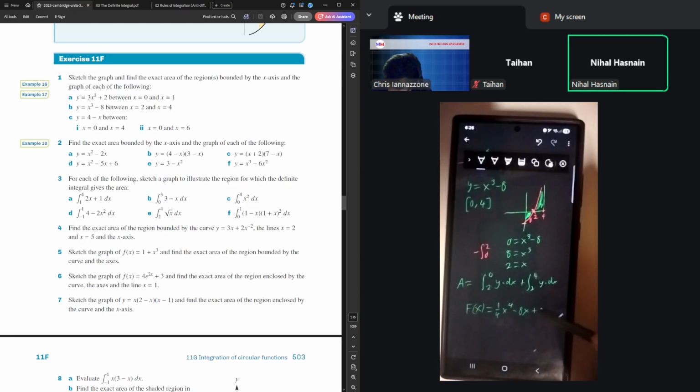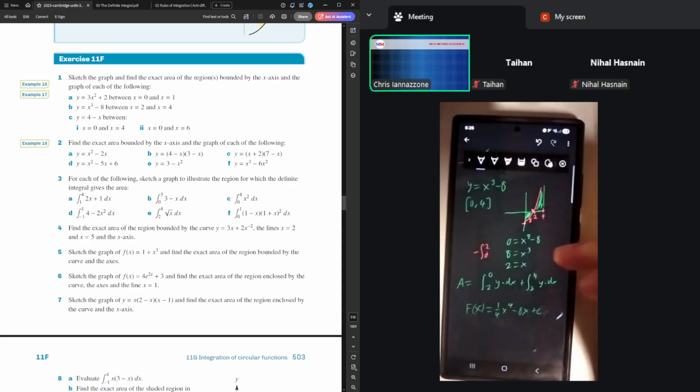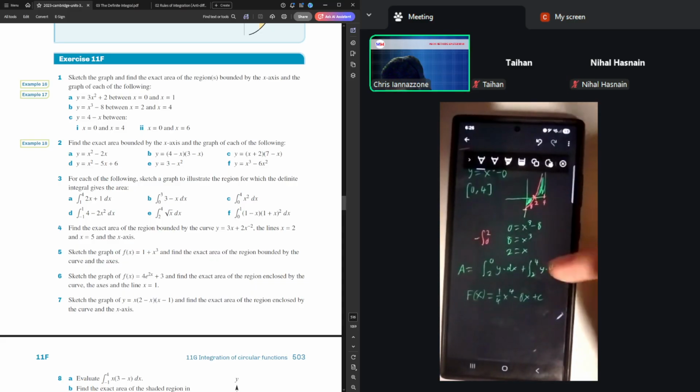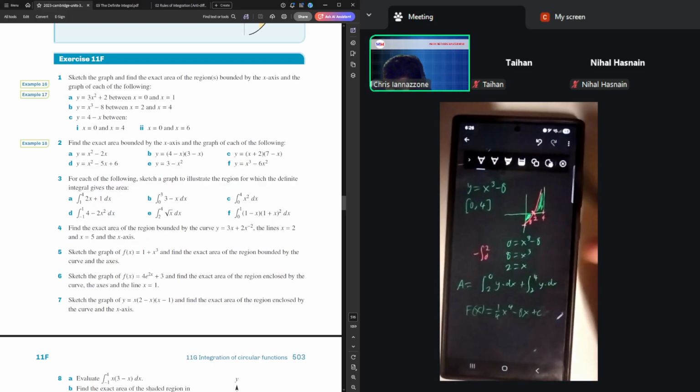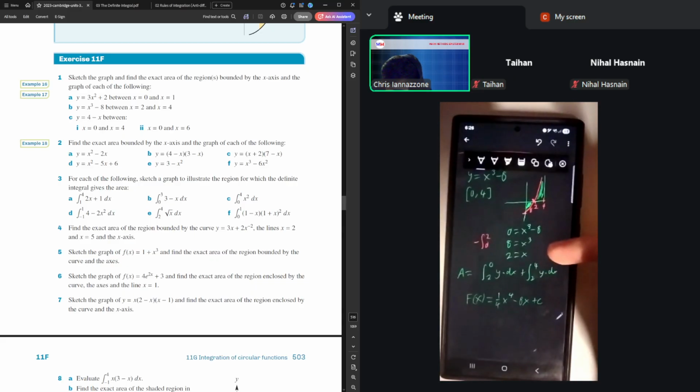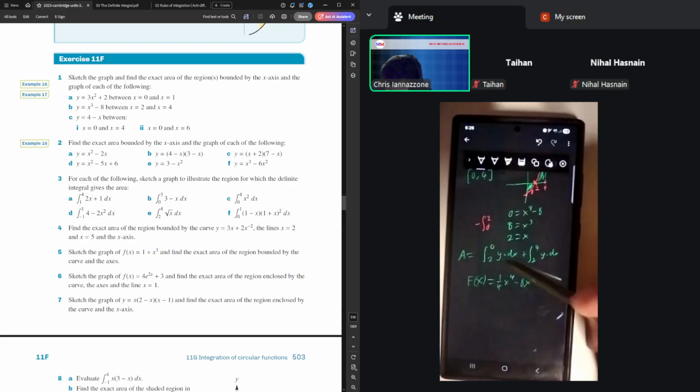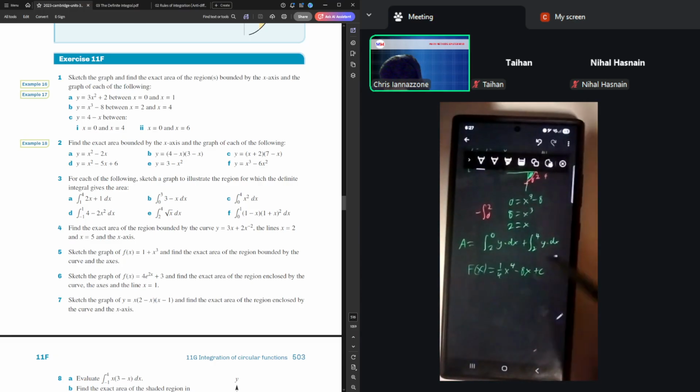Minus 8x plus c just to be safe. Yeah, it really is only a safety thing there for bound area related stuff. Yeah, we have our capital F of x. All that's left to do is evaluate each of these. So this is where, when you start splitting the integrals, suddenly you have fairly lengthy working solutions.